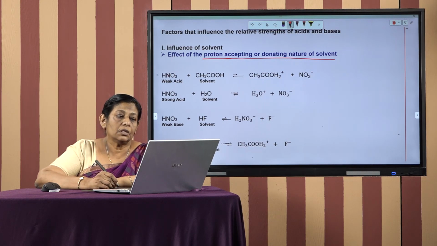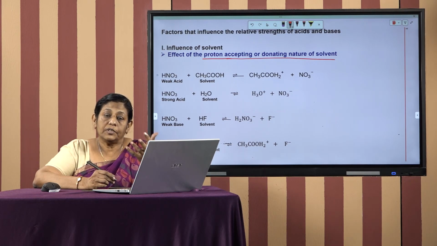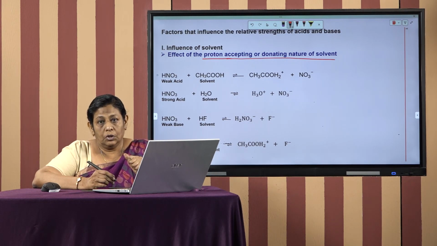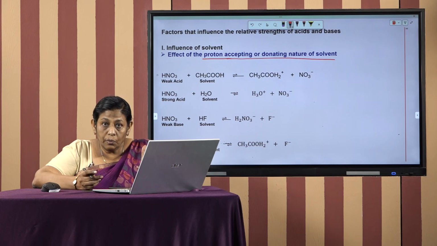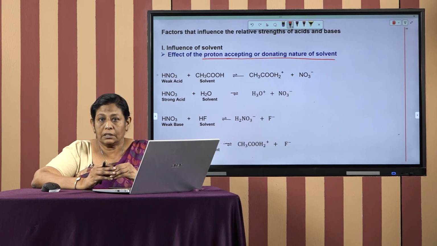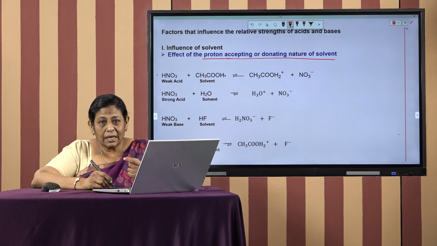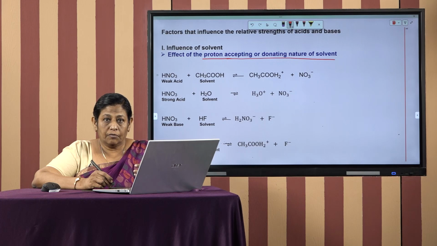An acid can act as an acid only if someone accepts its proton. If there is no one to accept a proton, the acid cannot donate a proton, and therefore, acid cannot function as an acid. Now, here that is not the case. Actually, acetic acid, being a weak acid, can accept a proton compared to nitric acid.